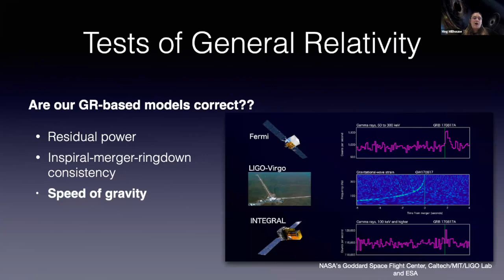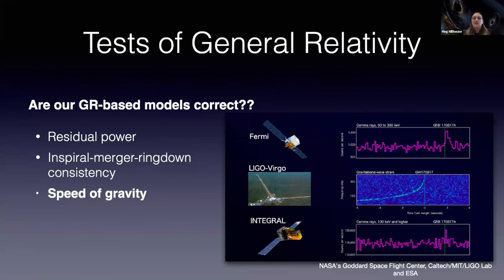And finally, another prediction of GR is that gravitational waves, like electromagnetic waves, travel at the speed of light. The best test of this came again from the binary neutron star merger GW170817, which had an associated gamma ray burst 1.7 seconds after merger.